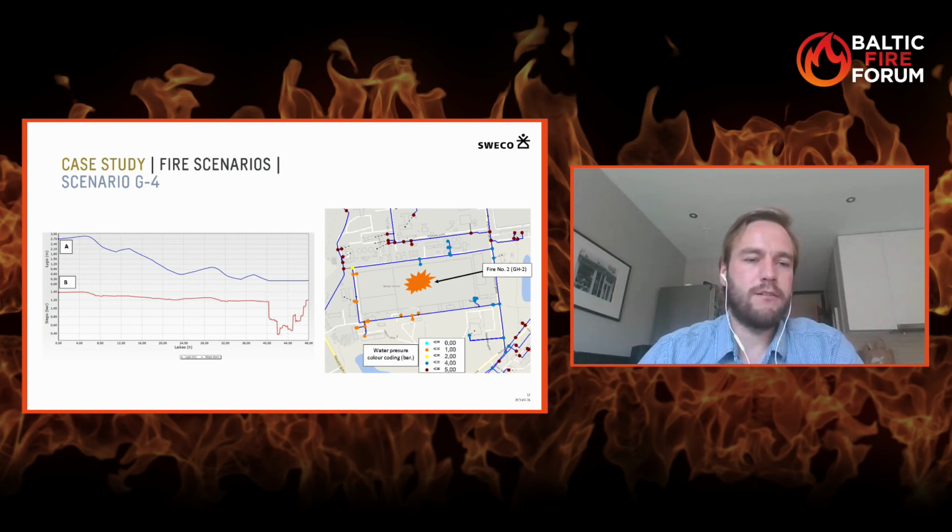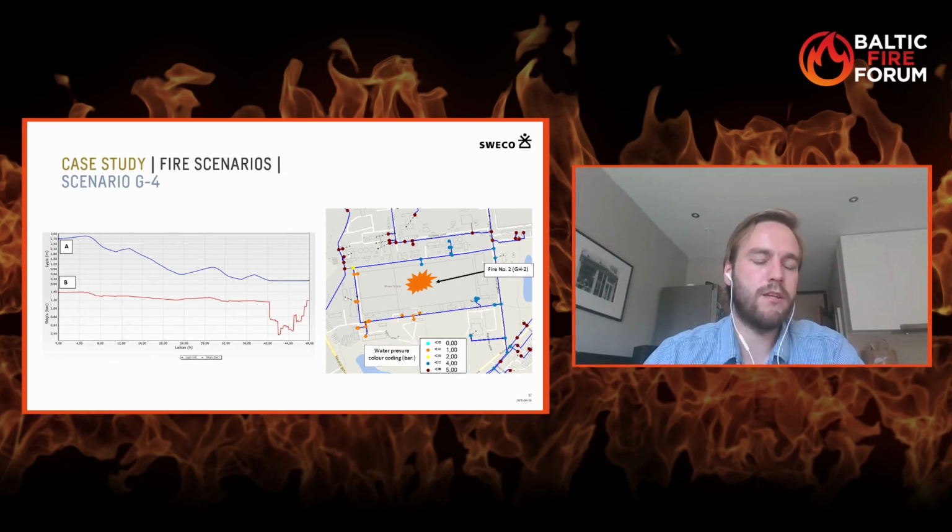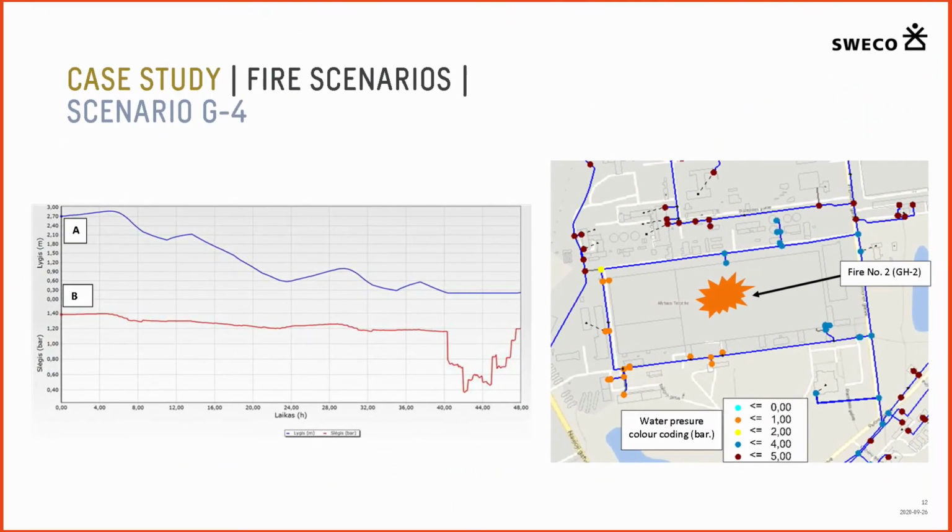And graph B shows you the pressure in fire number 2. On the right side of the screen, you can see hydrants, which work under very low pressures. The water pressure is about 0.4 and even lower.